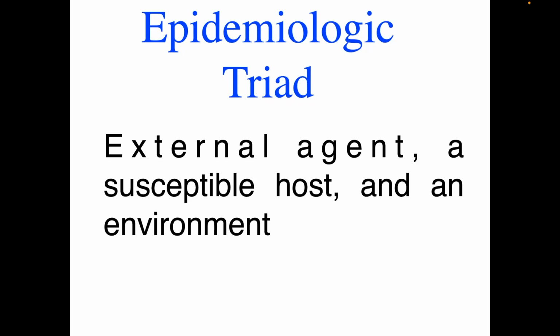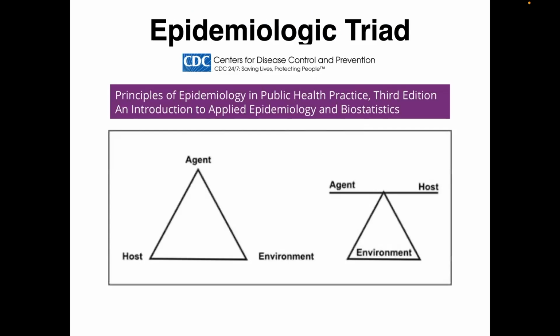Based on the Centers for Disease Control and Prevention, all three components should be at equilibrium. Any imbalance with one of these three, whether the agent, the host, the environment, or a combination, would result in disease.